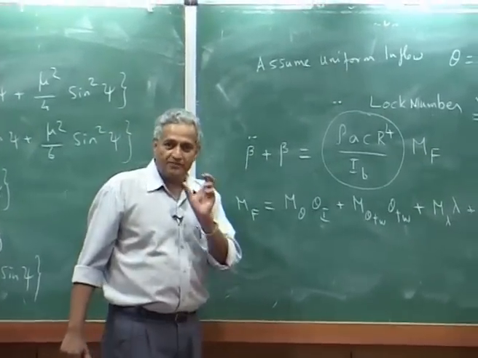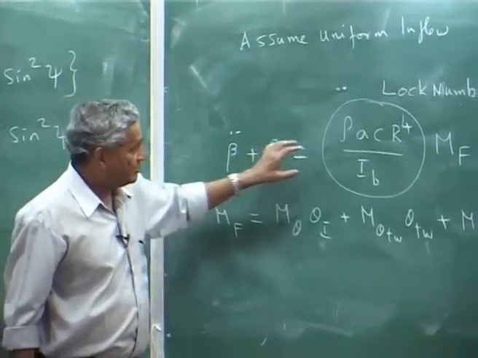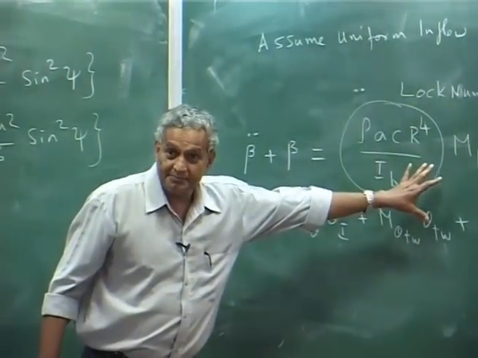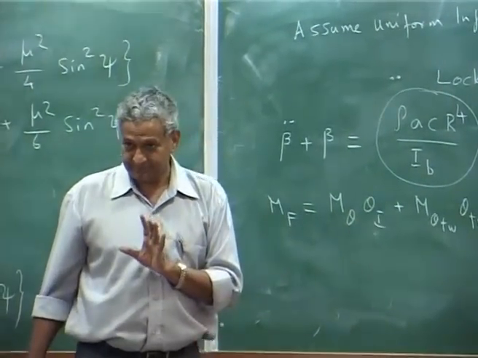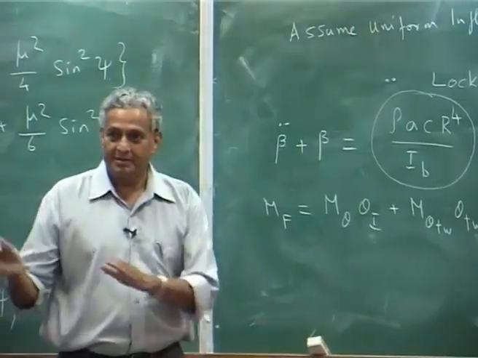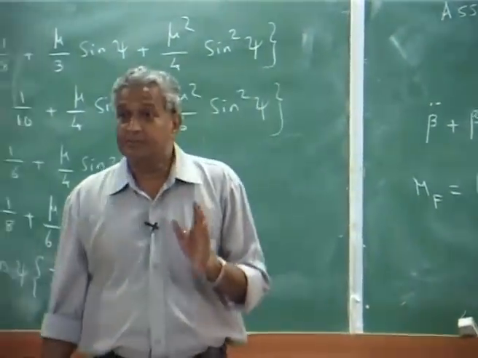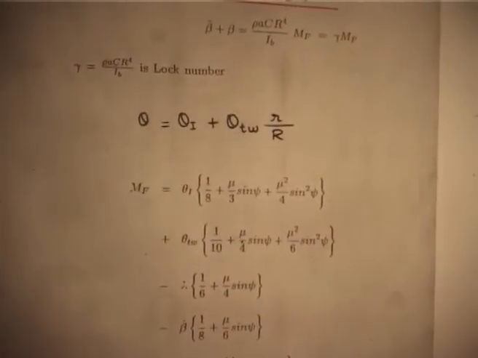So your coefficients, please understand, left side is purely inertia. I am getting the damping term coming from aerodynamics. Please understand, in the flap motion, the damping comes from aerodynamics. So you have a spring term, which is like an aerodynamic spring.